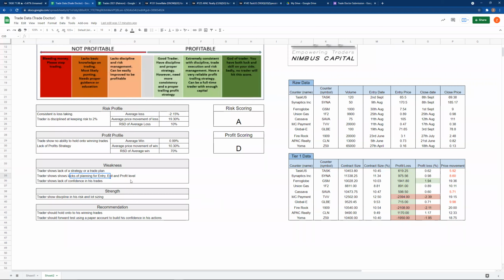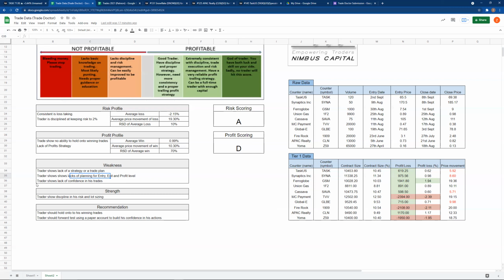Actually, exit he still has, okay, but in terms of entry and profit, it might be a little counterintuitive, mainly because if you are following Patreon, then of course you should have a proper entry mark. But you will see there are some trades that are not part of Patreon, and even there were one or two trades that are from Patreon, but he kind of chased the price, meaning he didn't enter at the time that we should be entering.